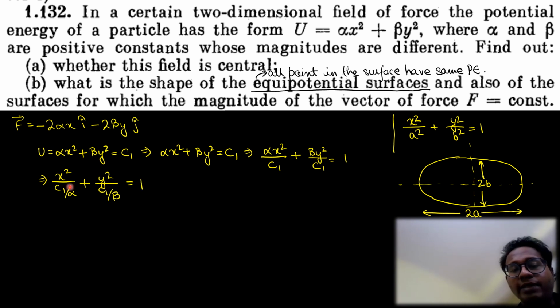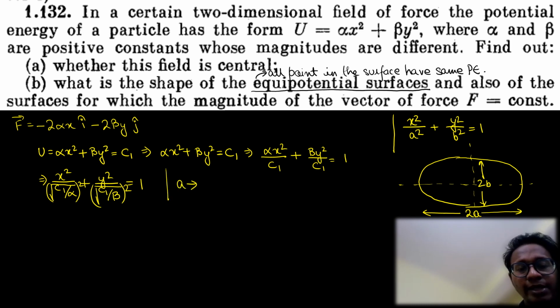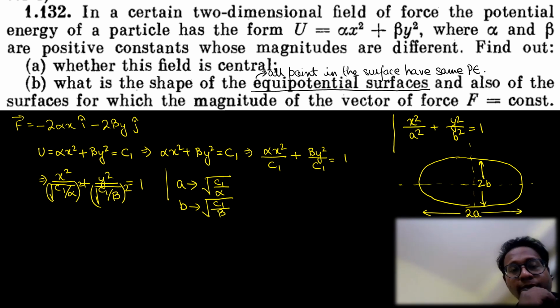But out here a square is given, so I'll just take the square root and square it. So this became the equation of an ellipse, where a is equal to the square root of C1 by alpha. Similarly, b in the ellipse is given by the square root of C1 by beta. So this is the first part of the question.